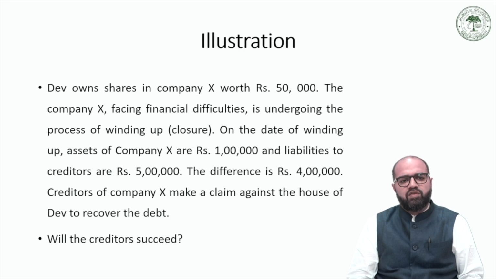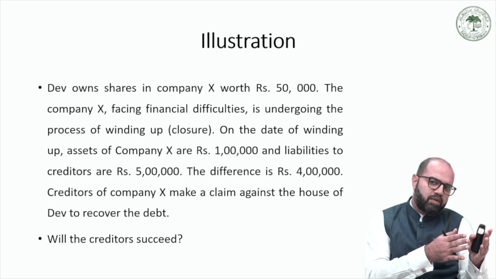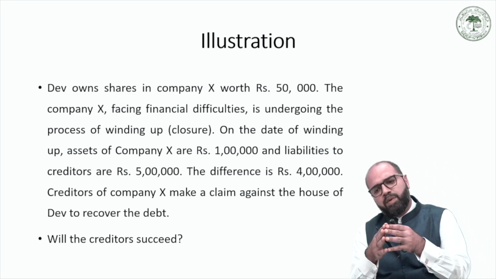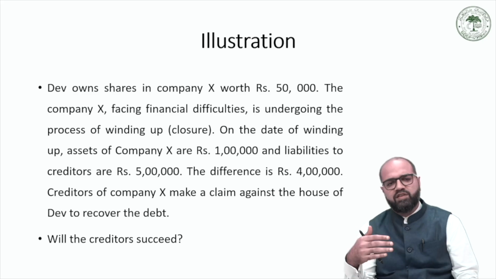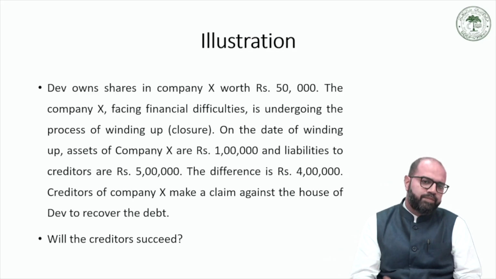Now the creditors of company X make a claim against the house of Dev to recover the debt. So their argument is that because the company is owned by Dev as a shareholder, the assets of the shareholder could also be made part of the recovery proceedings against the company of which that shareholder is the owner.